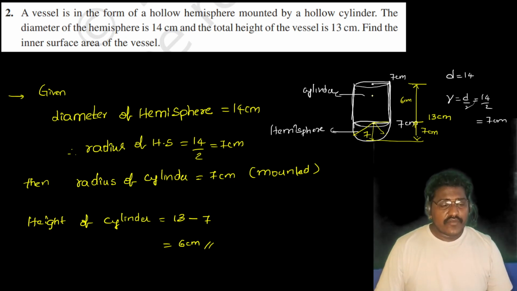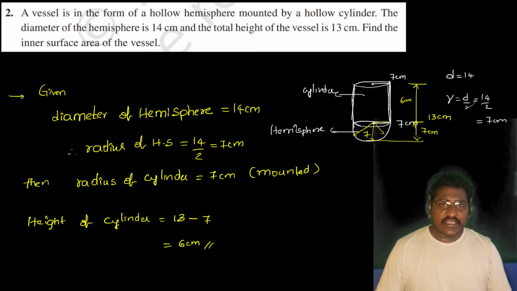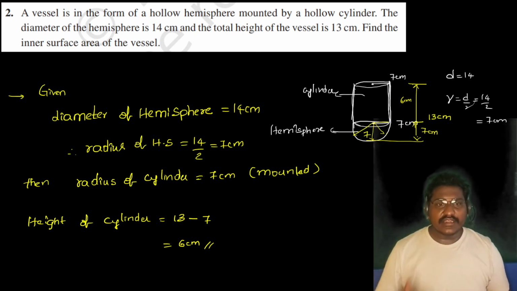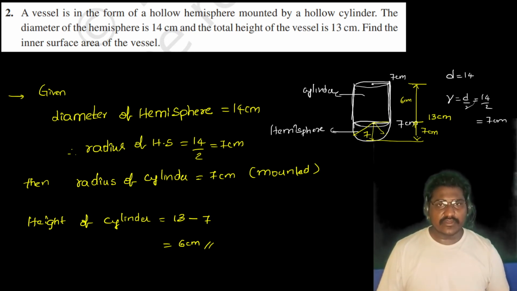We are not bothered about total surface area, because total surface area should be calculated only if we can touch the end part also. But it is hollow cylinder. It was clearly mentioned in the question that it is hollow cylinder. So we should not calculate total surface area.